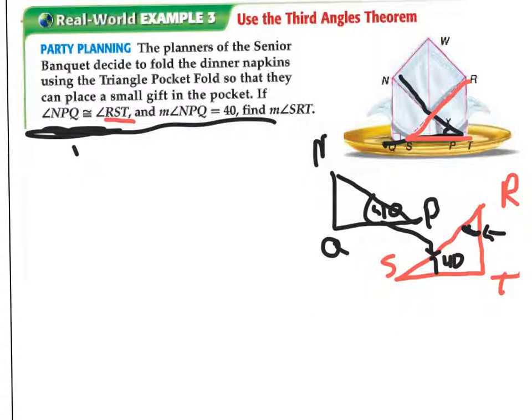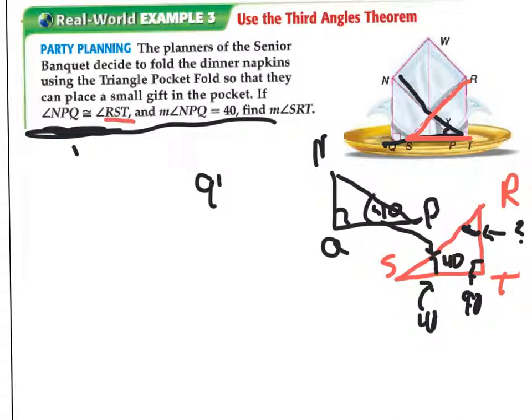Well, I really wanted to erase this, but I can't, and the reason why I wanted to is because there's right angles here. I don't know if you can see those yet, or they're covered up, but I have right angles here. So, if this is 90, and this is 40, this has to be something, so I have a total of 180, which is the triangle angle sum theorem.